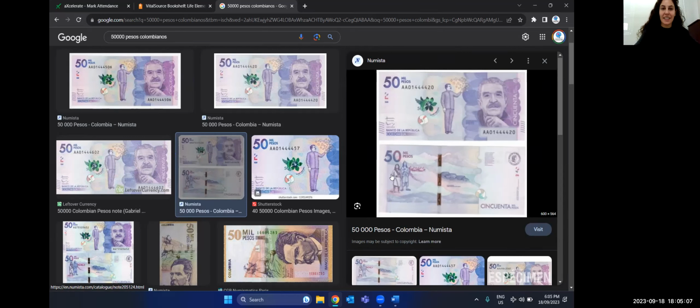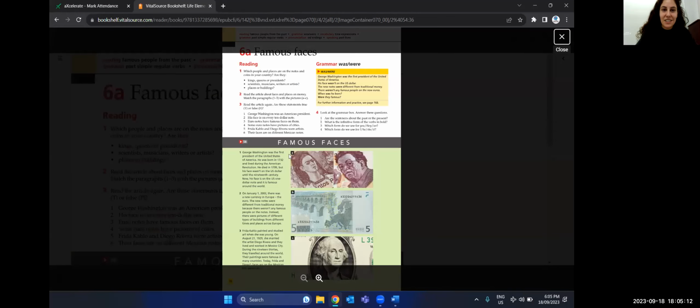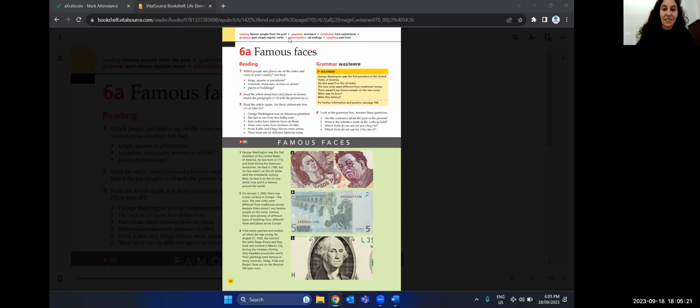So we've seen the Australian, the Colombian pesos, and the Brazilian real. So you have an idea now how different countries have different notes. So Ronan says, hey, Ronan, the woman on the Brazilian reals note is Marianne.